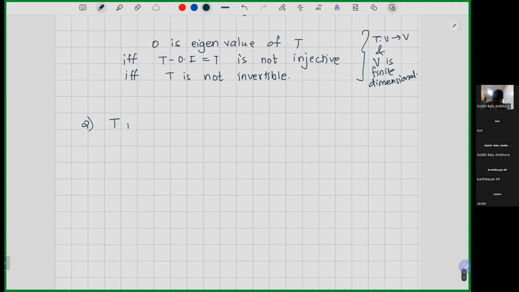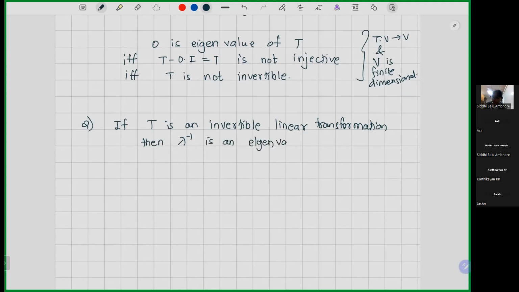That if T is an invertible linear transformation, then lambda inverse is an eigenvalue of T inverse.